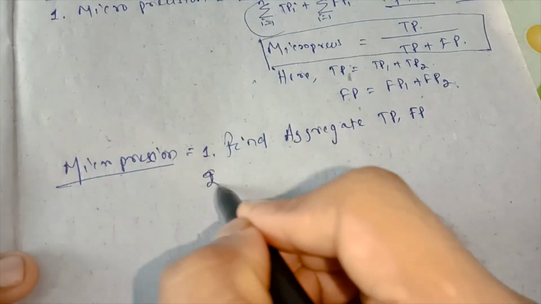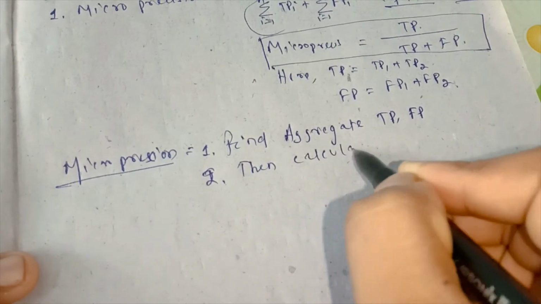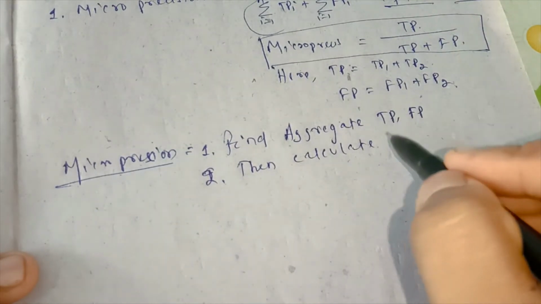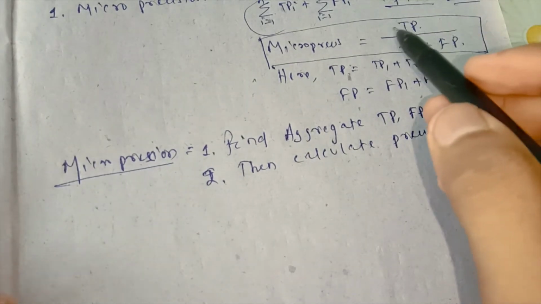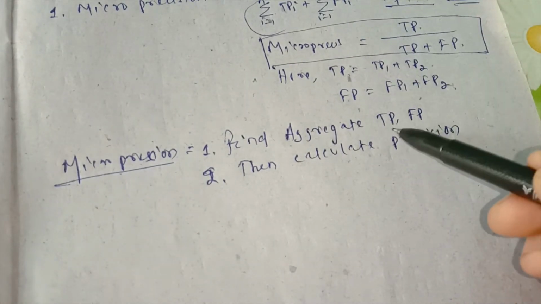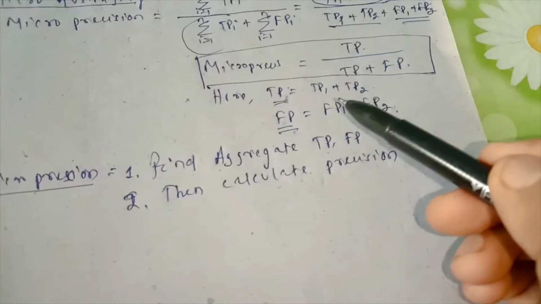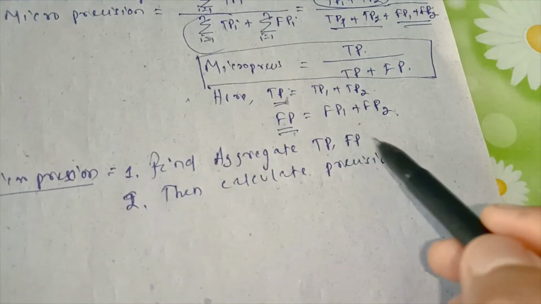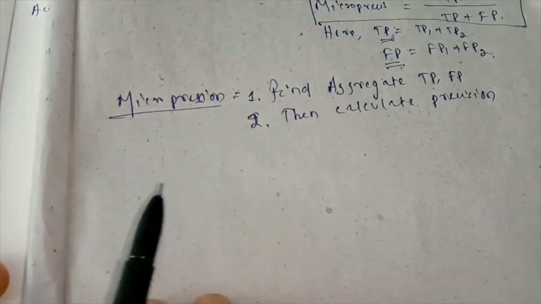Then, step 2, calculate precision. Here TP is the aggregate TP and this is the aggregate FP. First we find the aggregate TP and aggregate FP, then we can calculate micro precision. Let's consider this example.